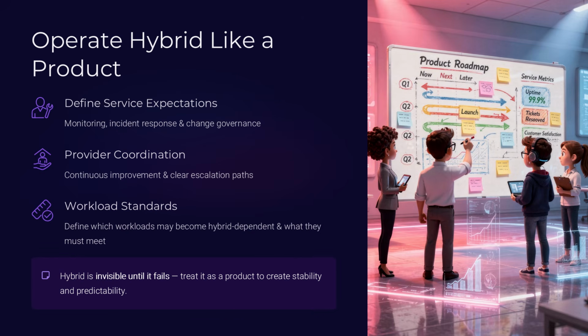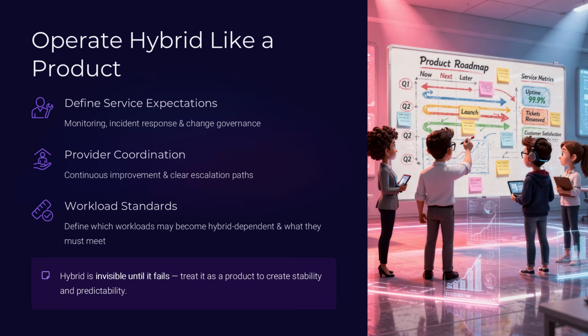With the scenario understood, you now elevate the final leadership lesson. Hybrid connectivity must be operated like a product, not treated like plumbing. You define service expectations, monitoring, incident response processes, change governance, provider coordination, and continuous improvement.